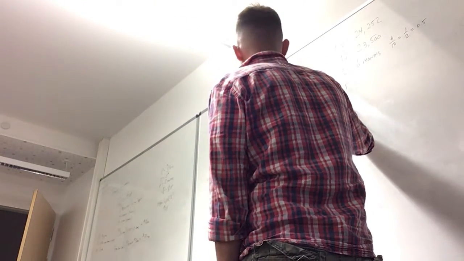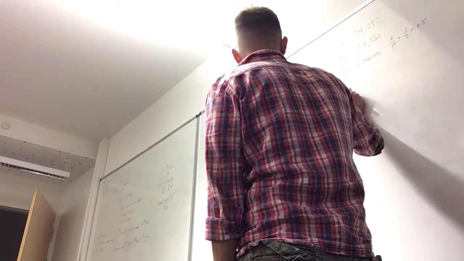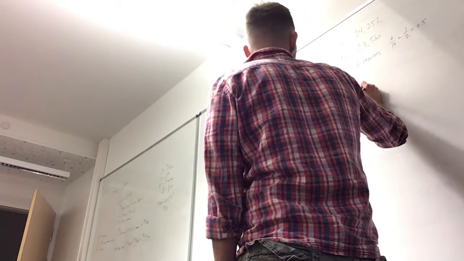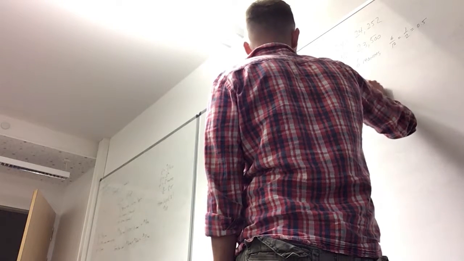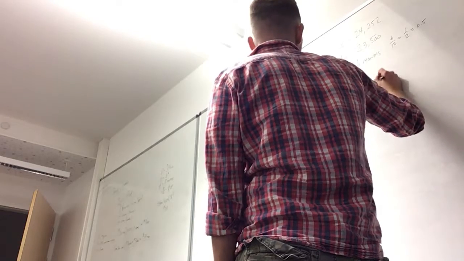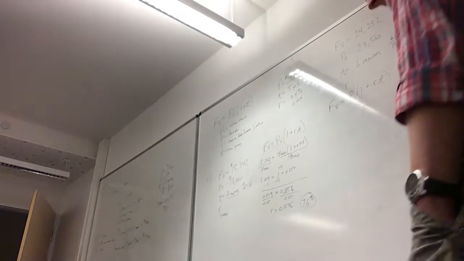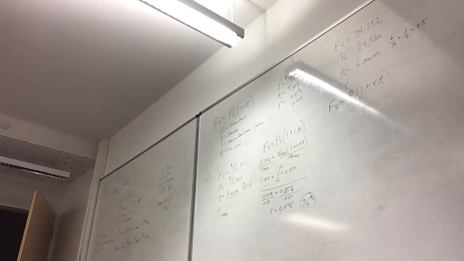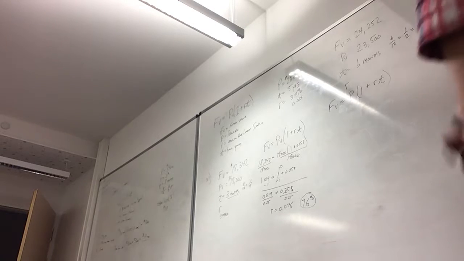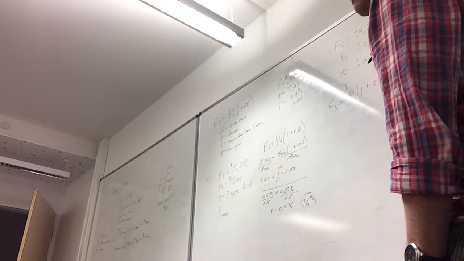I'll come over here and we'll take our equation again. FV is equal to PV times the quantity 1 plus RT. Or you may get a problem where it gives you the interest rate and you need the time.